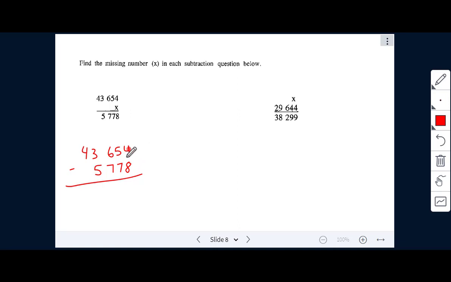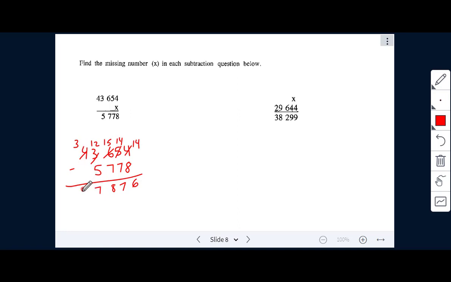So again, we have to borrow. That becomes 14. This becomes 14. This will become 15. This becomes 12. And this becomes 3. All right, so 14 minus 8, that is 6. 14 minus 7, that's 7. 15 minus 7, that's 8. 12 minus 5 gives me 7.